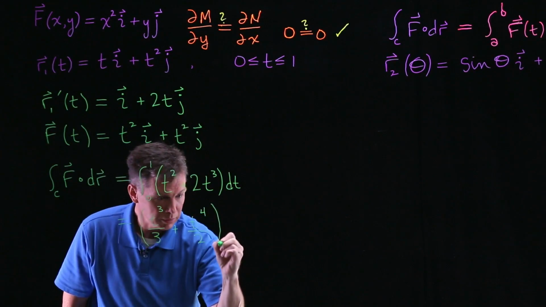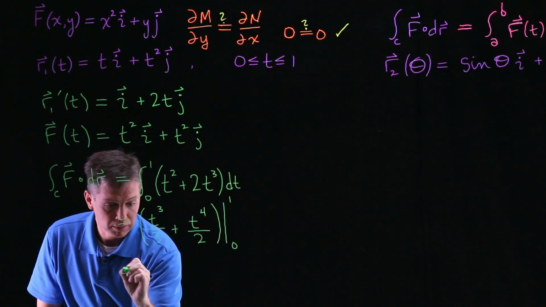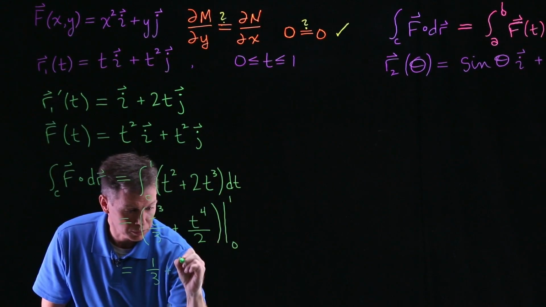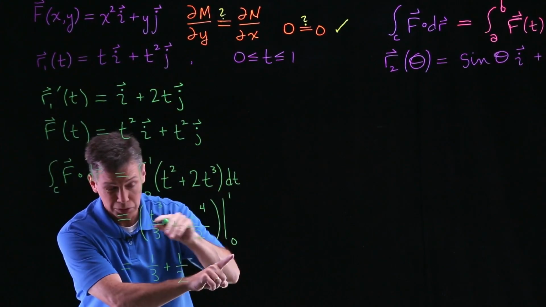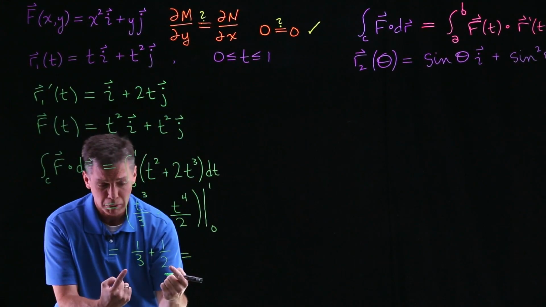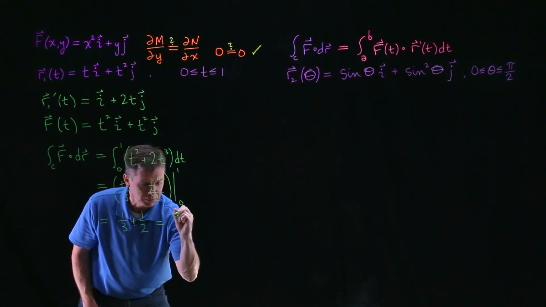And we're doing all of this from 0 to 1. So I'm getting a 1/3 plus 1/2. Subtract 0, so there's zeros everywhere, that's good. We can get a final answer, common denominator of 6, so this is going to be 2 plus 3 is 5/6.